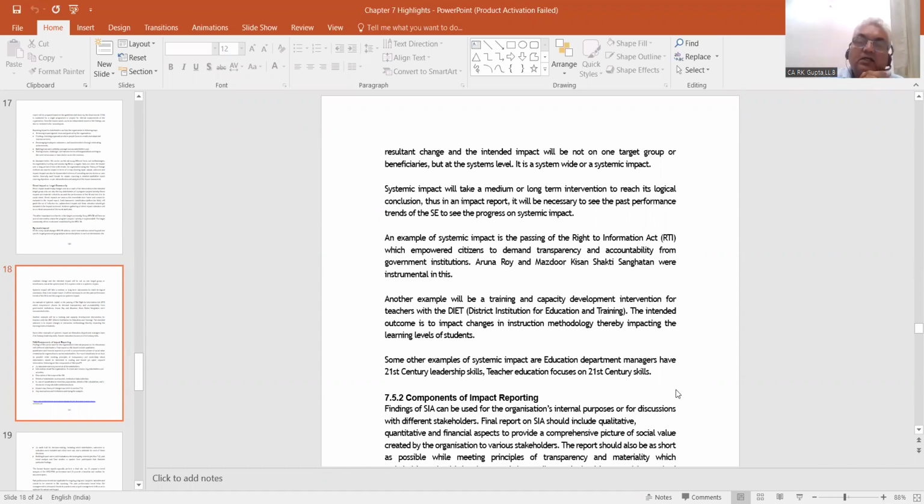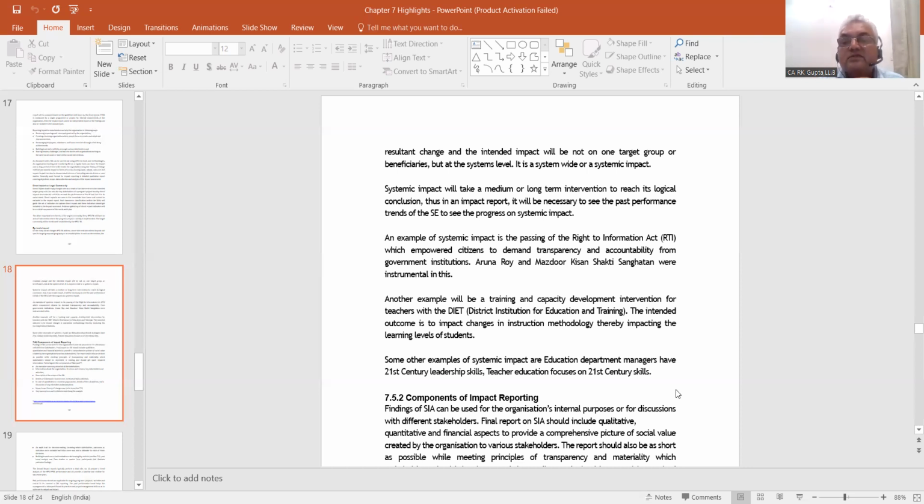Because this DIET is an institution which is imparting training to would-be teachers. So those who are instructors at the DIET institution can change or modulate their methodology or strategy, which can impact the learning levels of students.